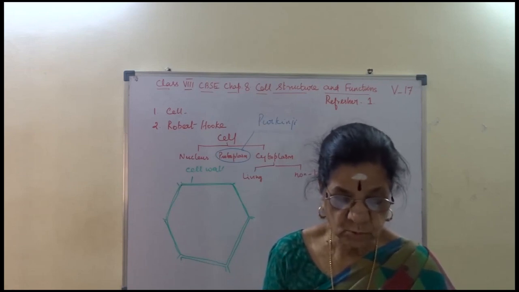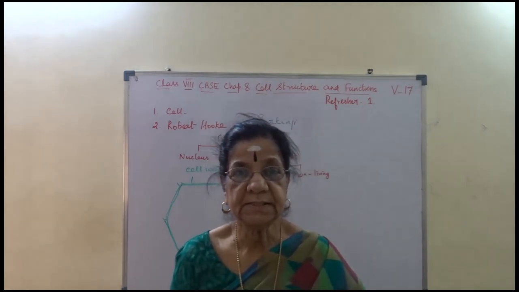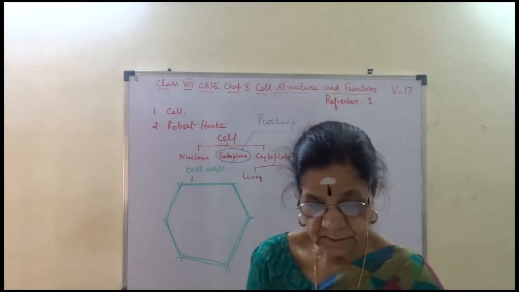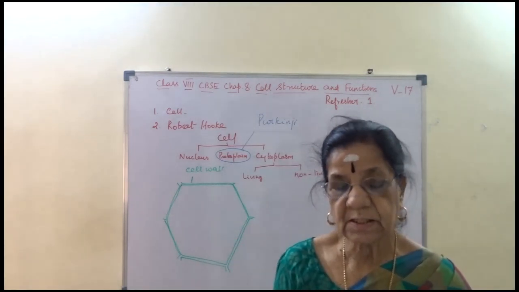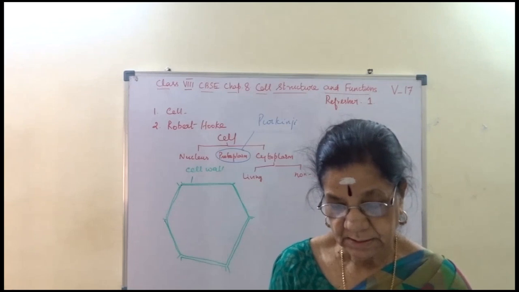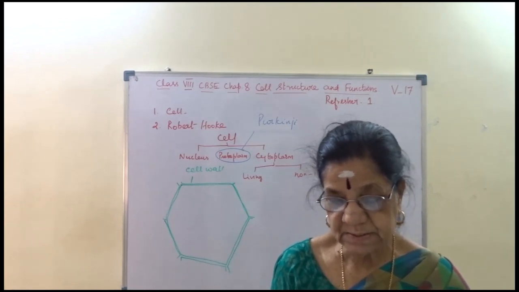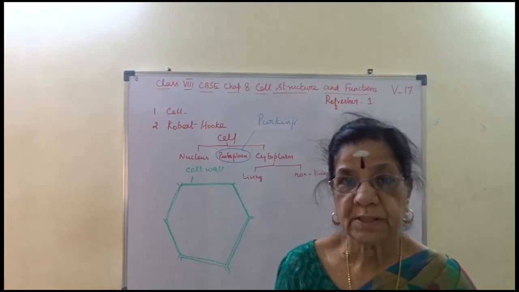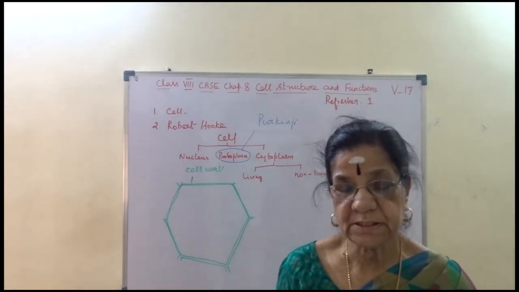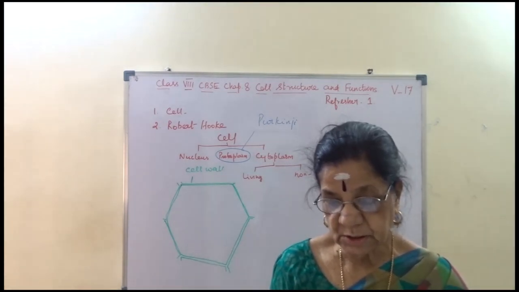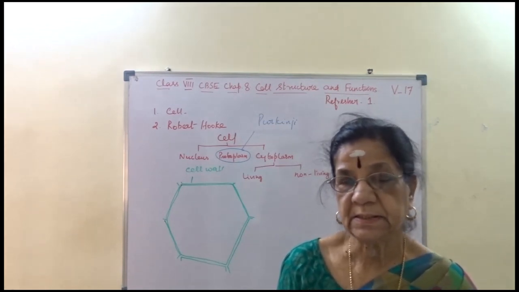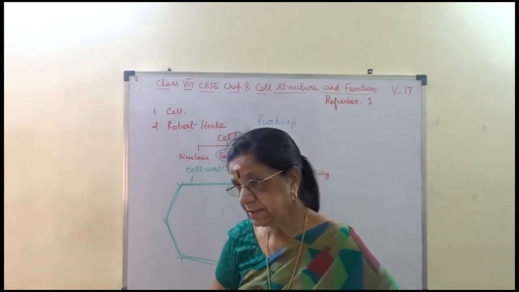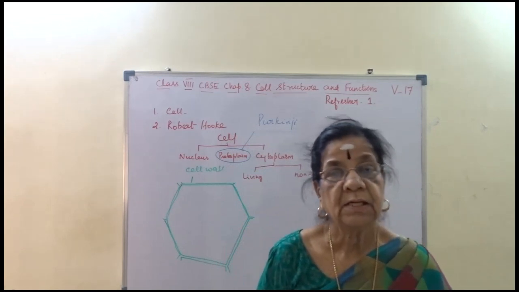Now this cell wall: in addition to the plasma membrane, a plant cell has a cell wall around it. The cell wall around the plasma membrane is made up of cell wall materials called cellulose and lignin.